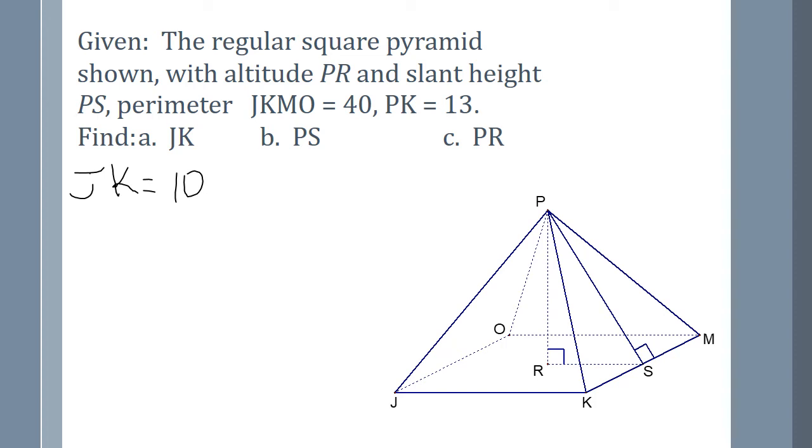We are told that PK is 13. I'll put that in red here. So this distance here is 13. I know that if this is 10, KS has to be 5, right? So we know then that PS is going to be 12, because that's going to be a 5, 12, 13. So the slant height PS is going to be equal to 12.